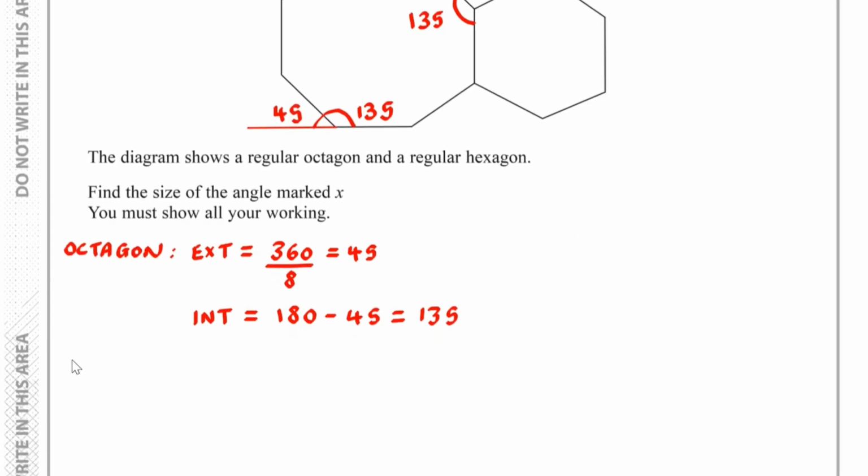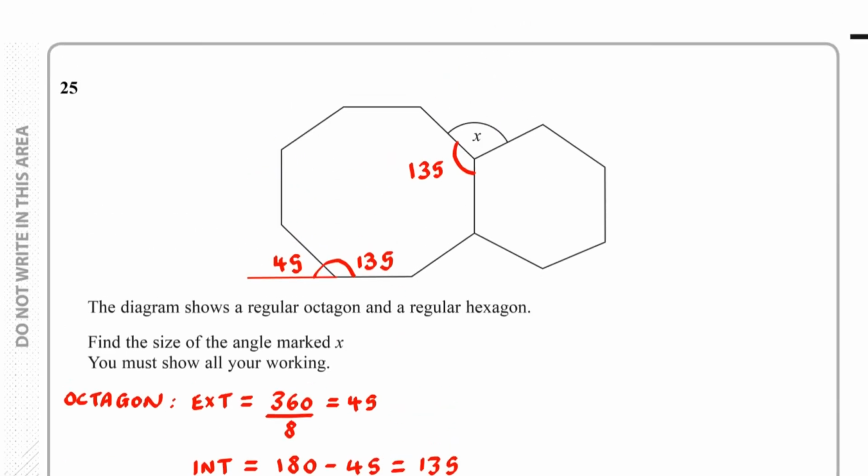Now, let's do the same thing for the hexagon. For the hexagon, I can find the exterior angle by doing 360 divided by the number of sides, 6. The exterior angle is 60. So what that means is, if I extend one of these lines, like this one here, this angle will equal 60 degrees.